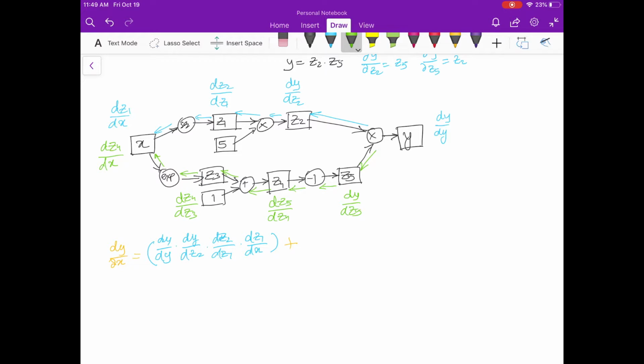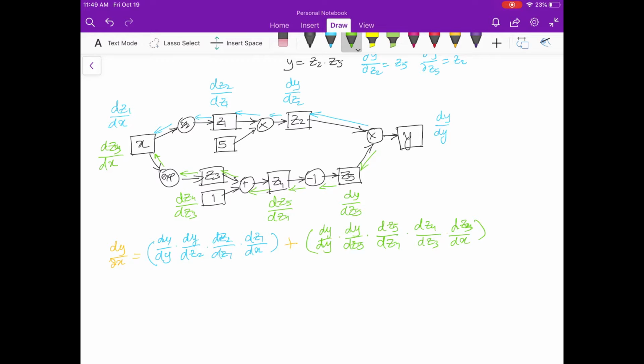And now for the green path. So again, it's dy dy times dy dz5 times dz5 dz4 times dz4 dz3 times dz3 dx, right?